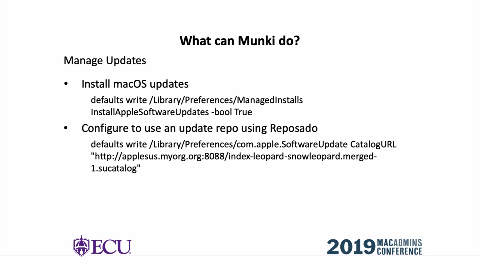Now, of course, your machine by default is set to check for updates directly from Apple, but you can use what is called Reposado. With the implementation of that, it's basically just a copy of Apple's update repo on a machine of your choosing.